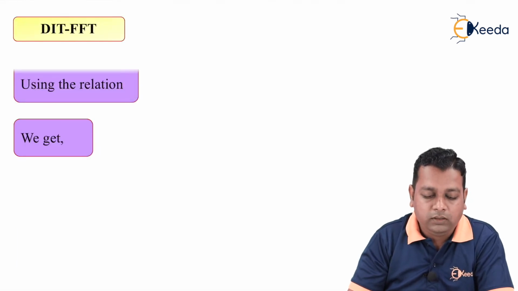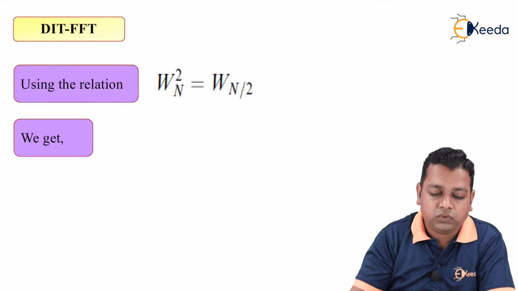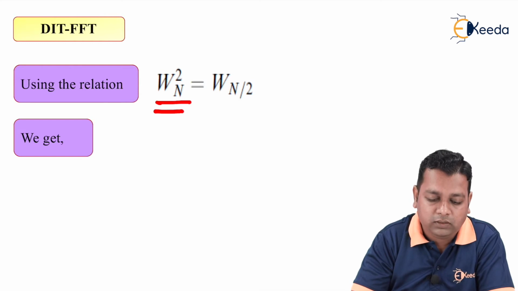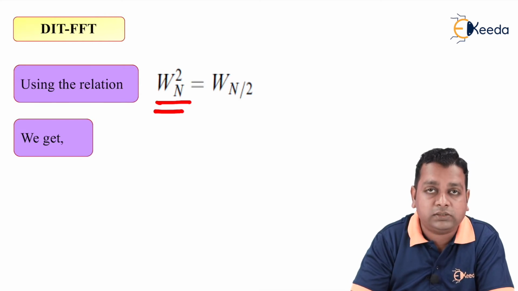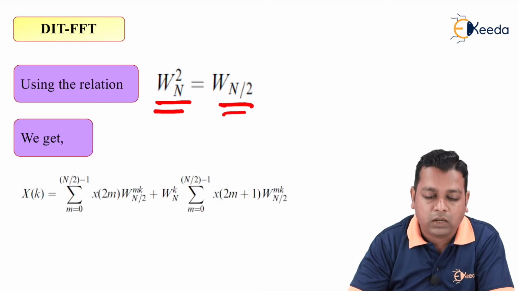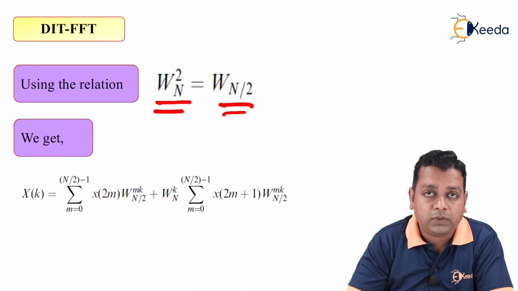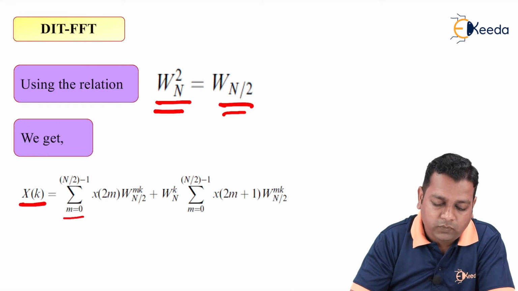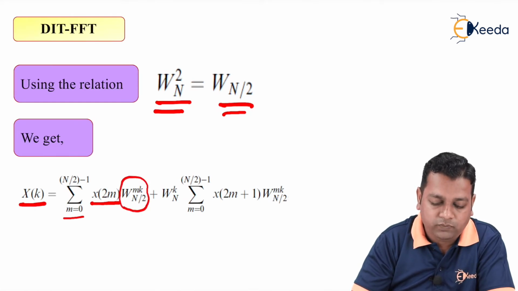Next, if we make use of the relation for the twiddle factor, W suffix capital N squared equals W suffix capital N by 2, then equation number 1 can be represented as X of k equals the summation m equal to 0 to capital N by 2 minus 1 of x of 2m multiplied by W suffix capital N by 2 to the power mk.